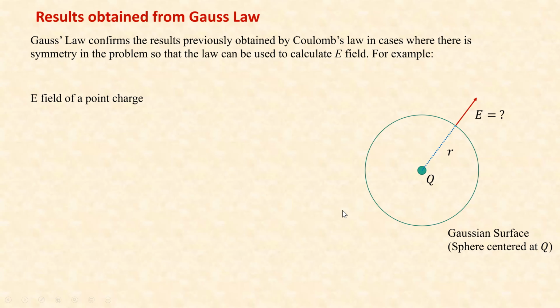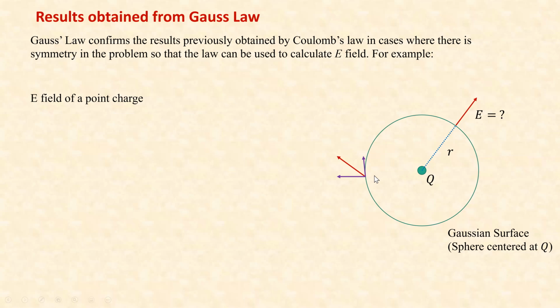And then we use some symmetry arguments. First of all, we say that the electric field at any point on this surface is radial. Why is that? Suppose it is not radial, it is in some direction like this. If it is not radial, then there is a component in two directions.